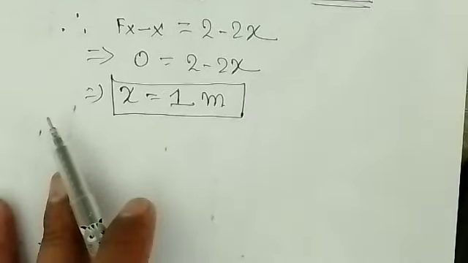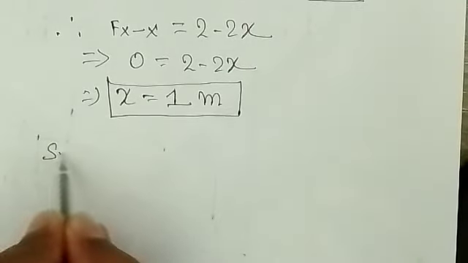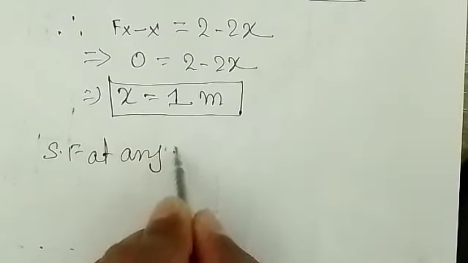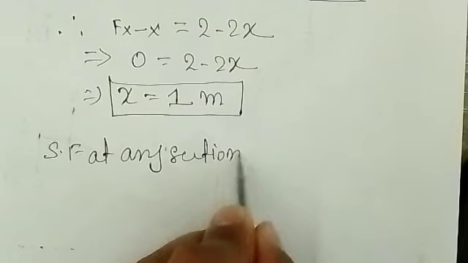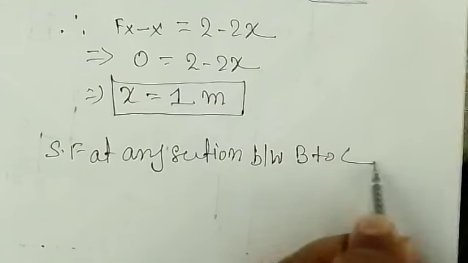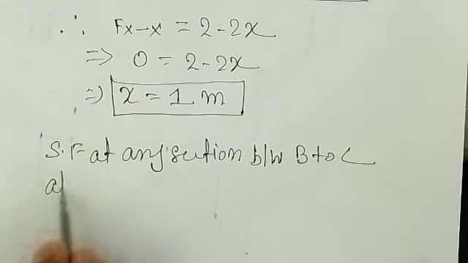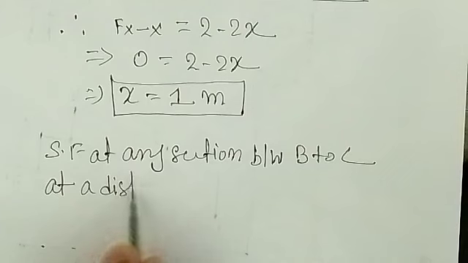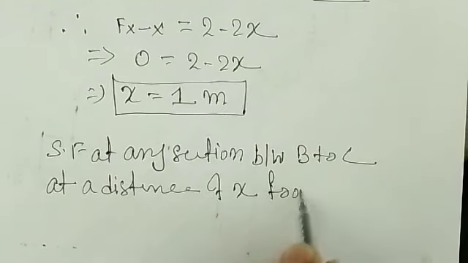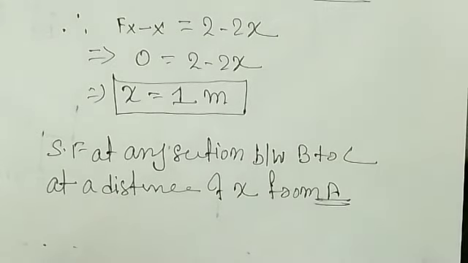So here, shear force at any section between B to C, same thing, at a distance of x from A. Previously you found the shear force between A to B at a distance of x from A. Now BC, that is the overhanging portion, is still left out.